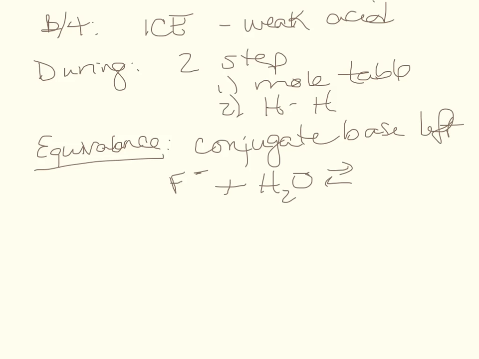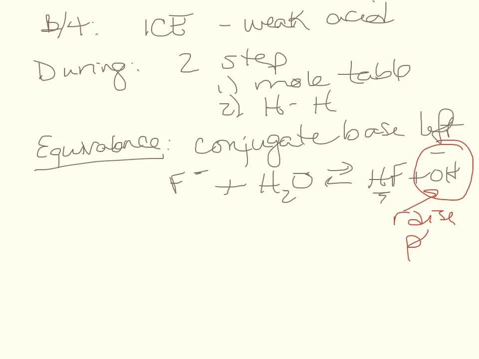What is the equilibrium or reaction that the conjugate base can do? Well, in water, it can reform just a little of the original weak acid. In the process of reforming that weak acid, it also produces hydroxide. That hydroxide is going to raise the pH.